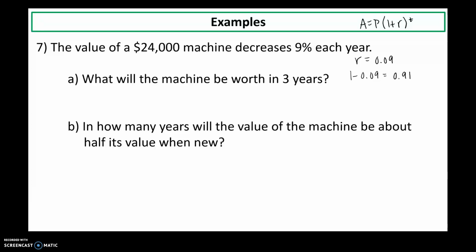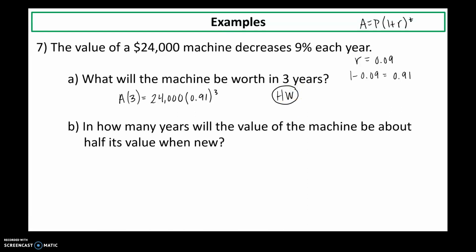Makes sense that it's exponential decay. So the amount after 3 years, initial value is 24,000, and then 0.91 to the 3. Okay, grab your calculators, evaluate that for us.